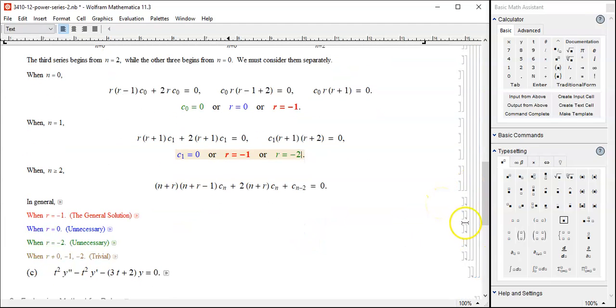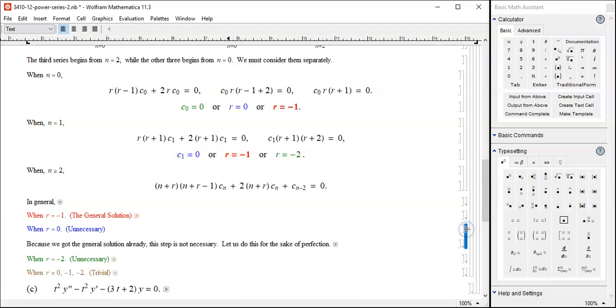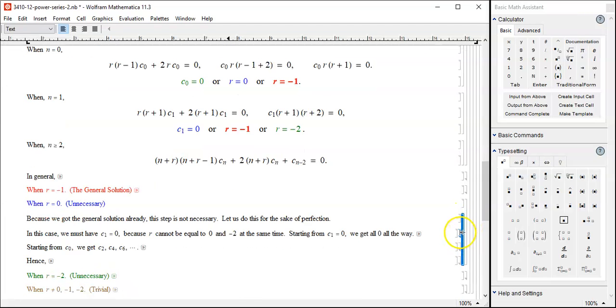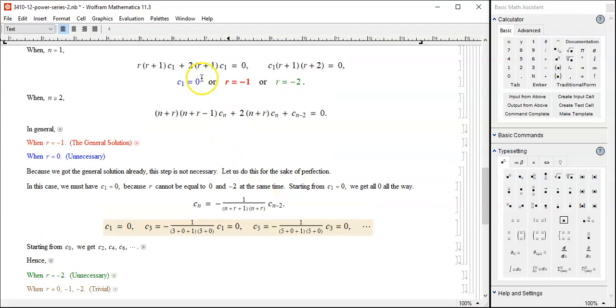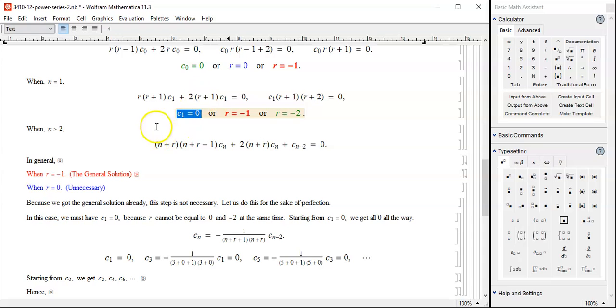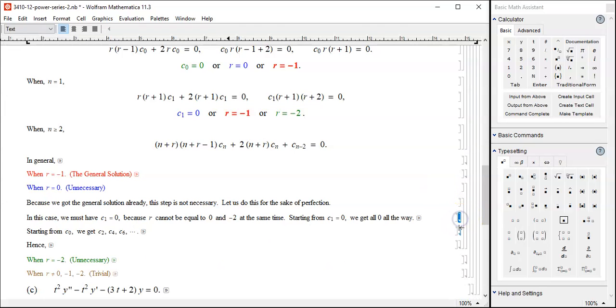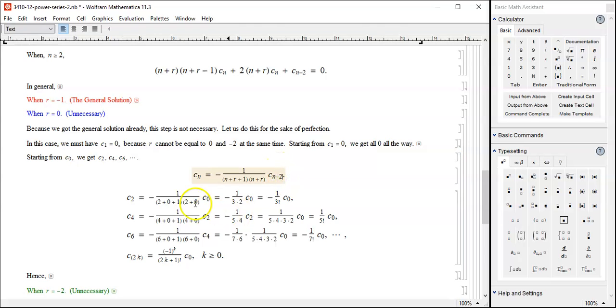So when r is equal to 0, what am I going to get? Plugging into the same recursion, we get that. And then for all the odd numbers, C1, C3, C5, they're all zeros. C1 is equal to 0, so all zeros. Not surprising because we are starting from 0. How about C0? From C0, we do the same thing.